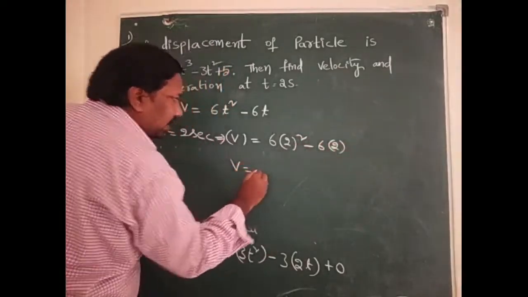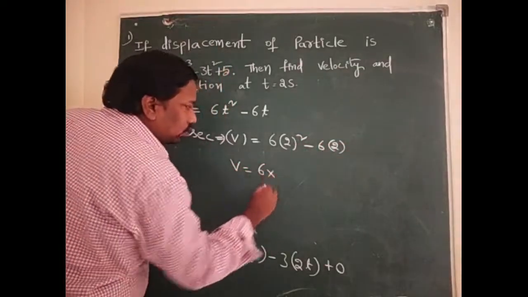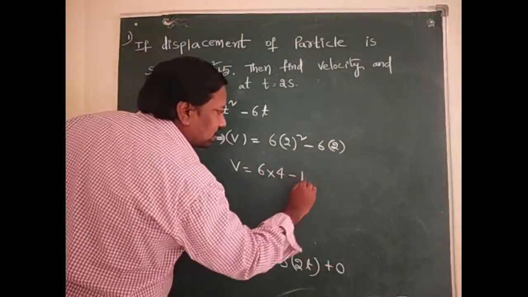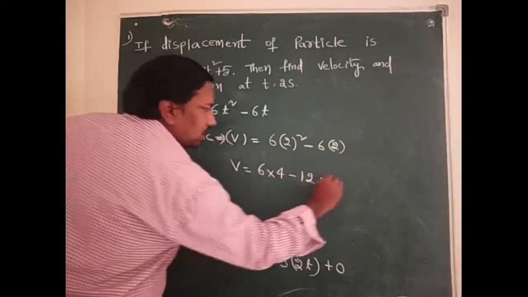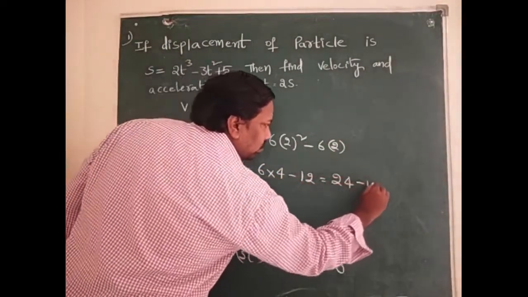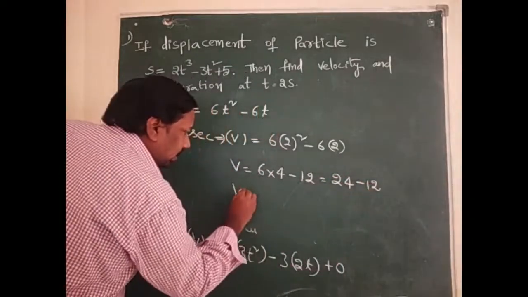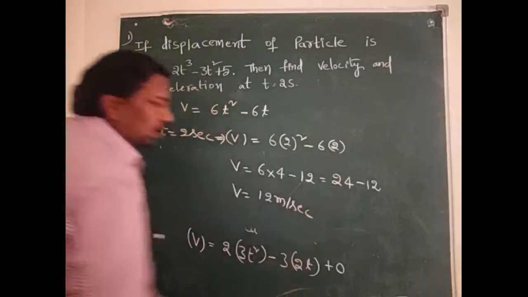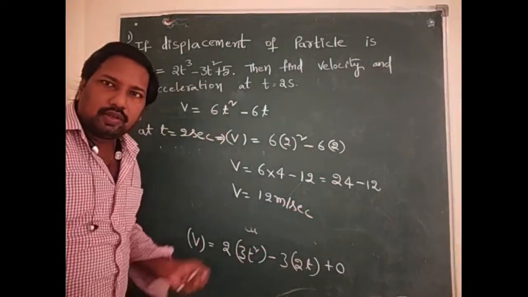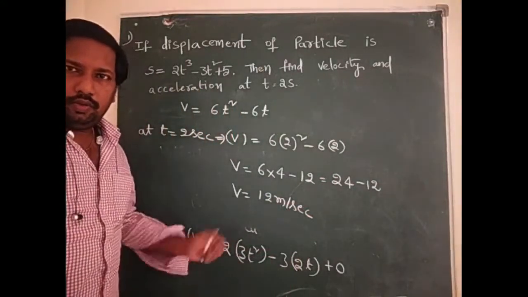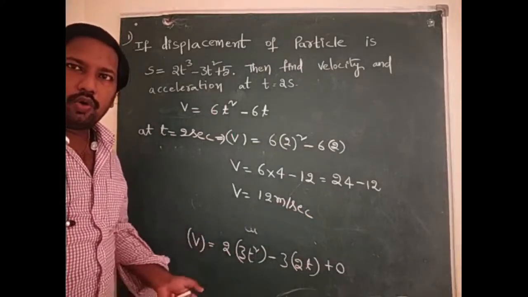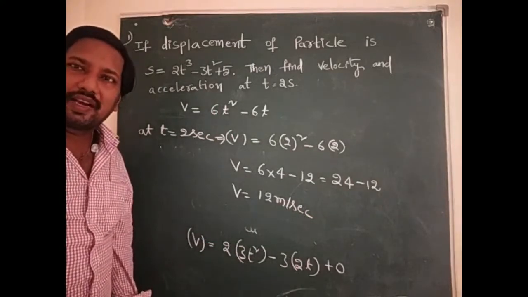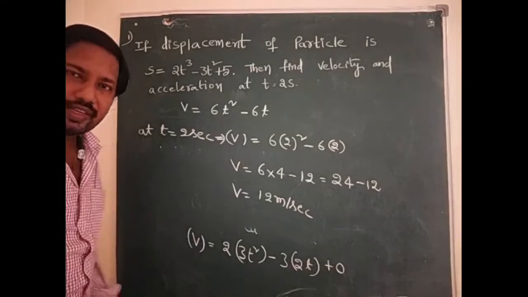Therefore v equals 6 into 4 minus 12, that is 24 minus 12, that is 12 meter per second. So the first part is completed. Now we can find the acceleration at t equal to 2 seconds.